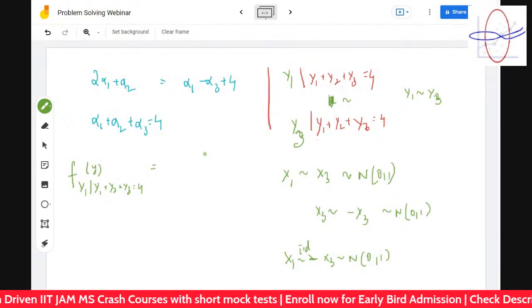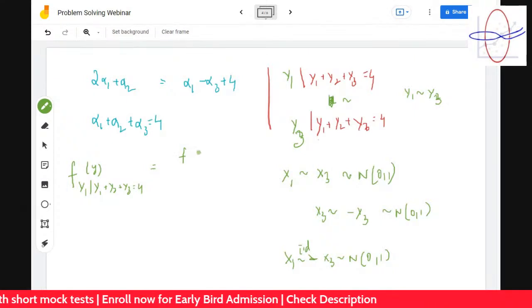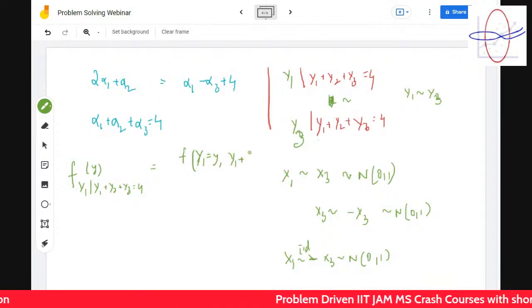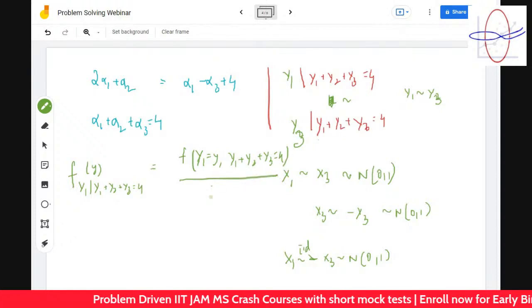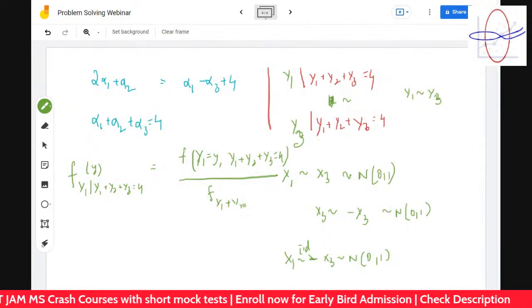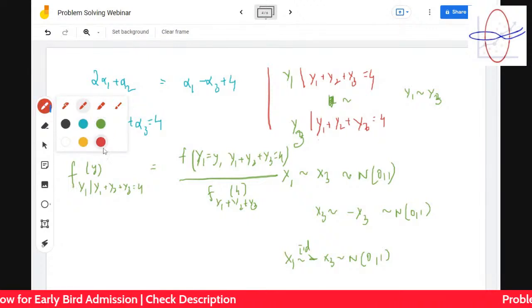So let's check that. Use the idea of conditional distribution. And similarly, let's do the other one, for y3.